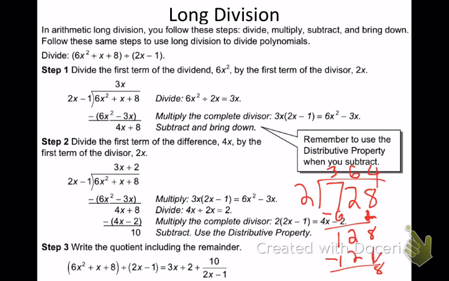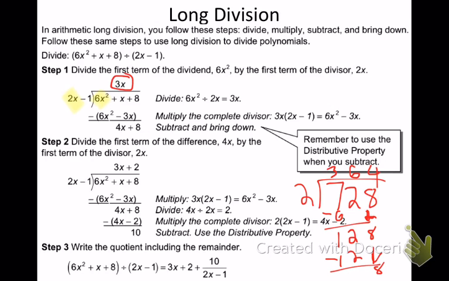Here's the difference. I'm going to divide by my linear term out front. How many times does 2x go into 6x squared? I have to think of reverse multiplication, division. So 2x goes into 6x squared 3x times.